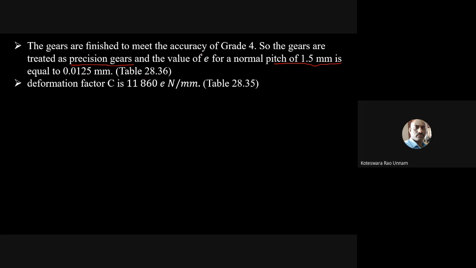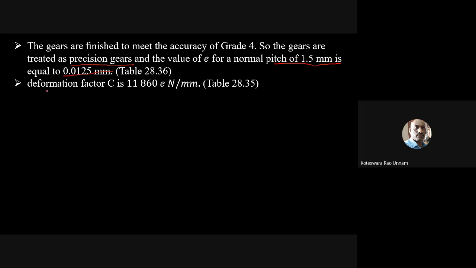Based on these two things, you can pick this value from table 28.36. He has given up to 4 mm module. You can choose this 0.0125 for a precision gear. So from the data book you can pick that value.